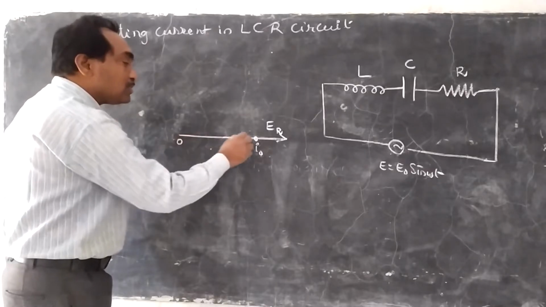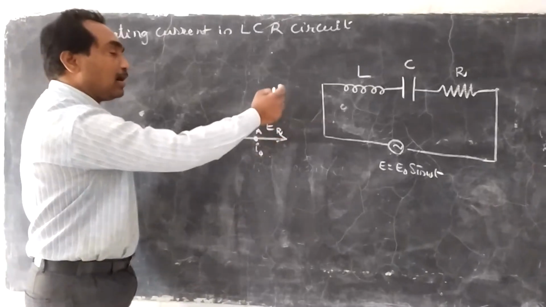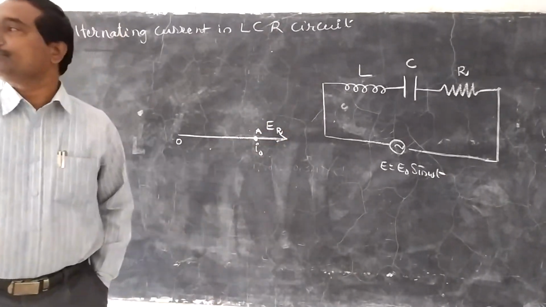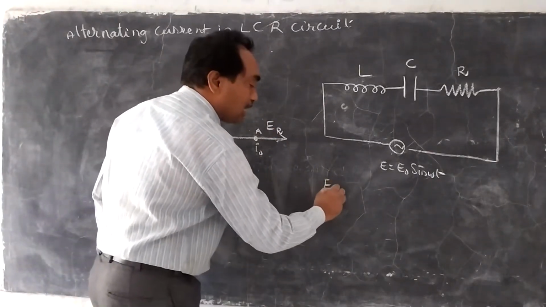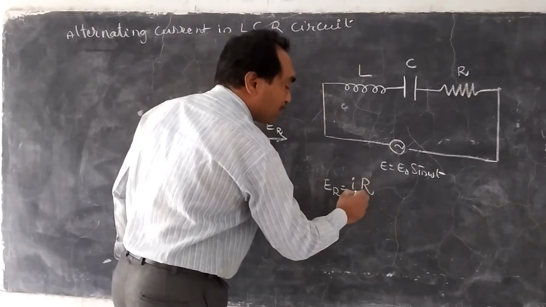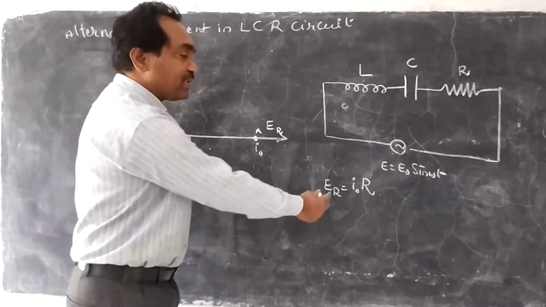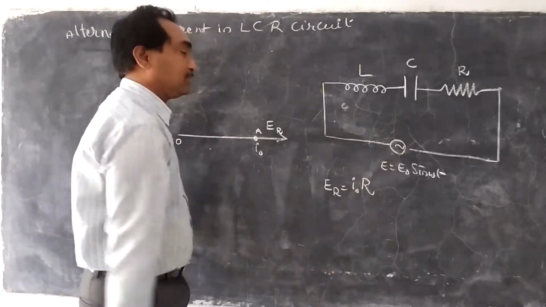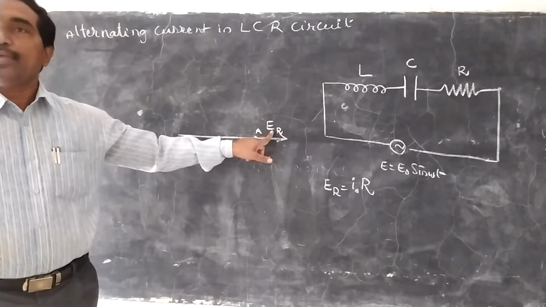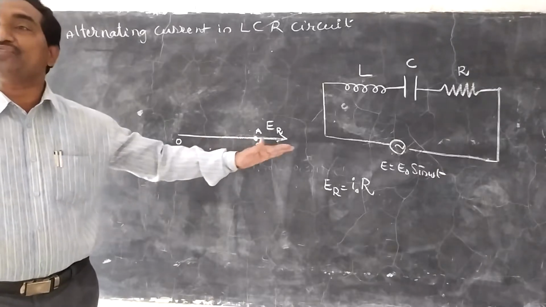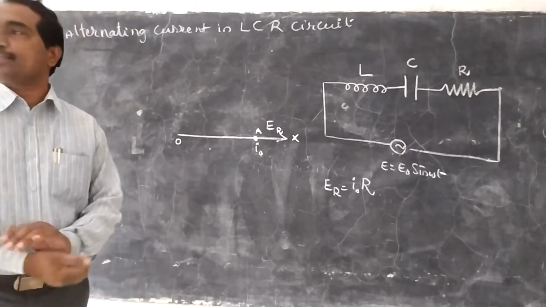OA is a vector which represents the current I naught and the potential ER, both in the same direction. The potential difference across the resistance is ER equal to IR, and for the peak current I naught it is I naught R. Here the potential ER and peak current I naught are in the same phase, so along the same direction, which may be taken along the x-axis.